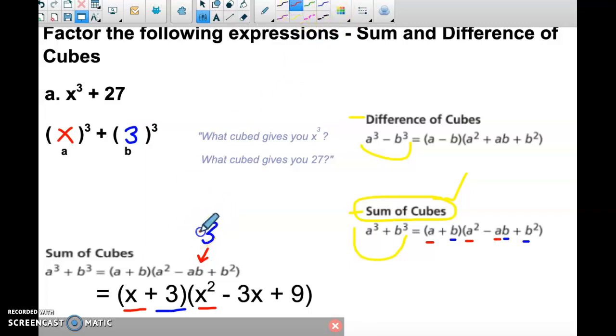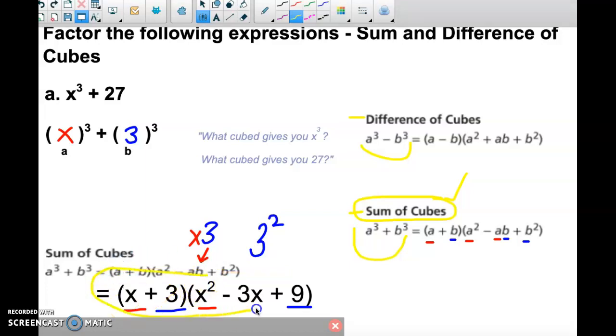So really it would be written like x3, but that's not really a good way to write math, right? We usually write 3x. So minus 3x plus b squared. My b is 3, so I would write 3 squared. I can simplify 3 squared, and that's how I get 9. Okay? And there is my factored form when we are dealing with cubes.